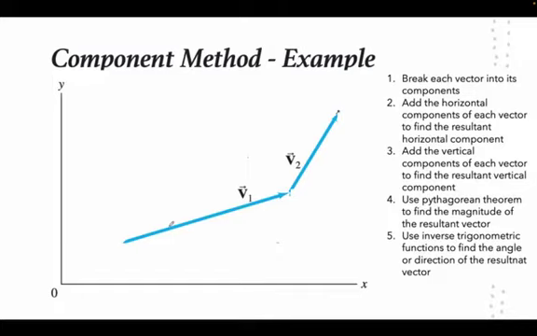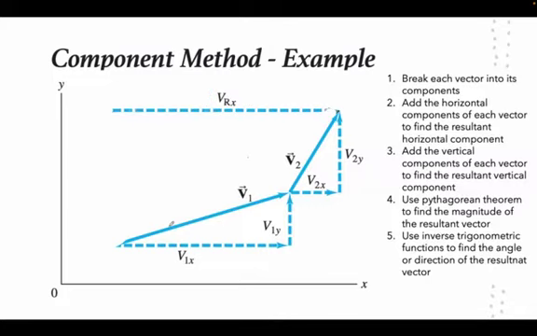When using the component method, the first thing we do is break each vector into its components: horizontal components for each vector, vertical components for each vector. Then we add the horizontal components of both vectors, and we add the vertical components of both vectors, for our resultant vector.